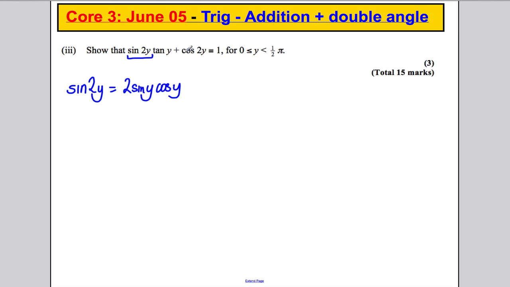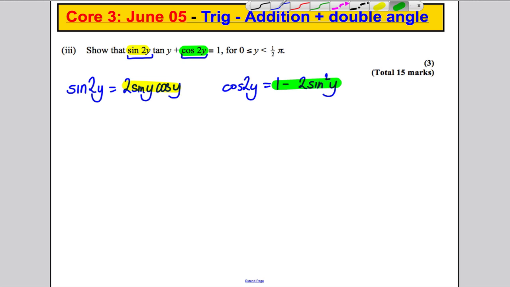We should also know that cos 2y, well, we've done that on previous parts. Cos 2y is 1 subtract 2 sine squared y, and maybe we can substitute those in, it will help us. So let's substitute in sine 2y as this. Let's substitute in cos 2y as this and see if it helps.